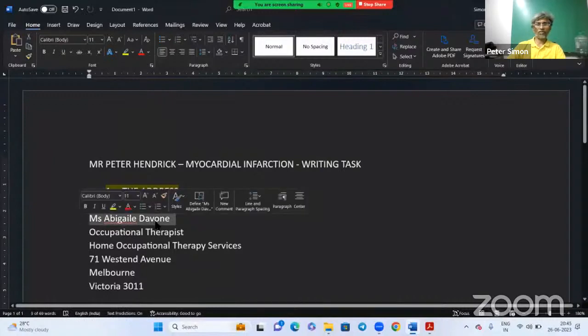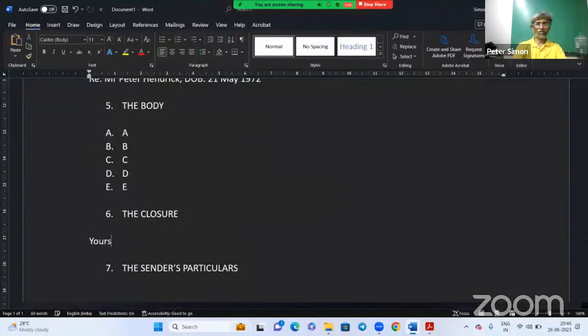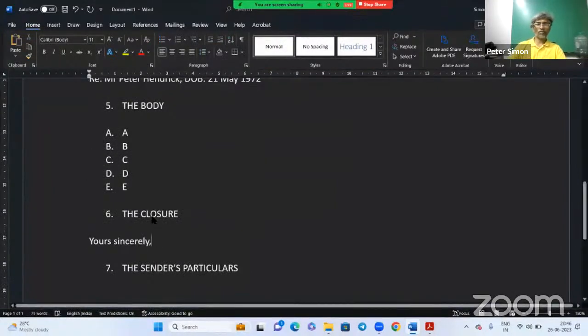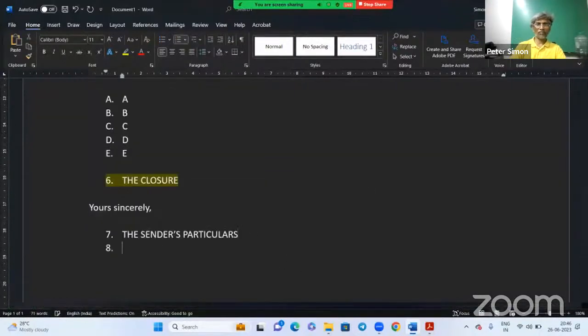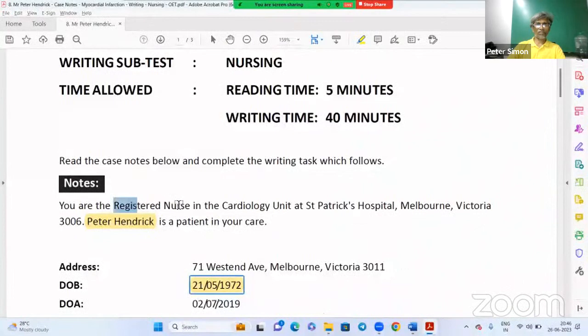If it is the name of the person, then you write Yours sincerely, comma. That is the closure. Then the sender's particulars. You'll go to the beginning of the letter. You are the registered nurse, cardiology unit, St. Patrick's Hospital, Melbourne, Victoria. So you got 5 lines.